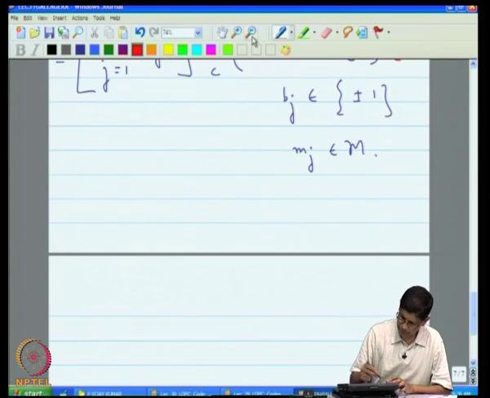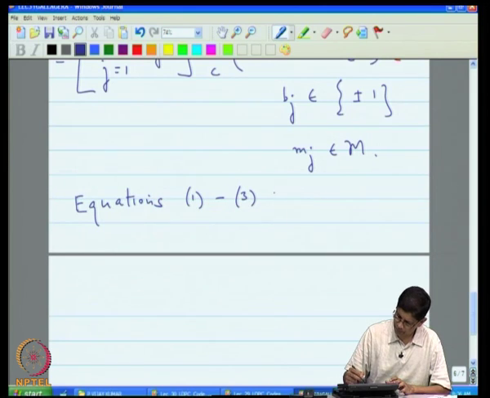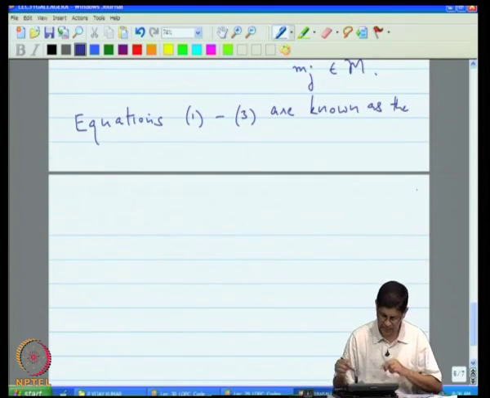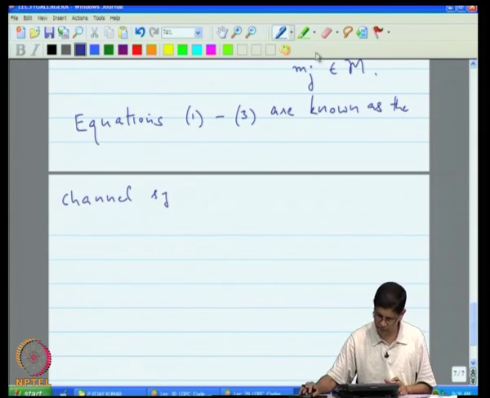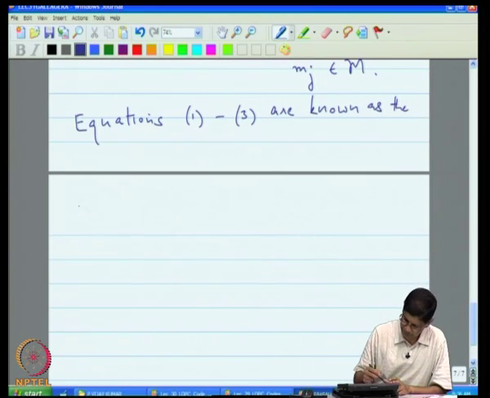So, equations 1 to 3 are known as the variable and check node symmetry conditions.